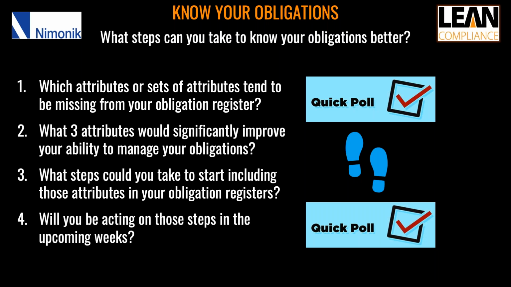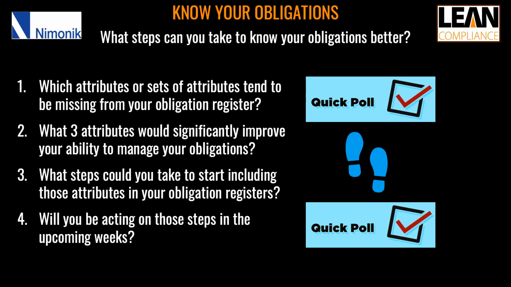Okay. So just in terms of helping you work through an improvement plan, we've identified a particular category of attributes that tend to be missing. So what we would suggest is answering the question: what 3 attributes, or 1 or 2, doesn't matter, but focus on the most important ones, would help you significantly improve your ability to manage your obligations and to meet them?